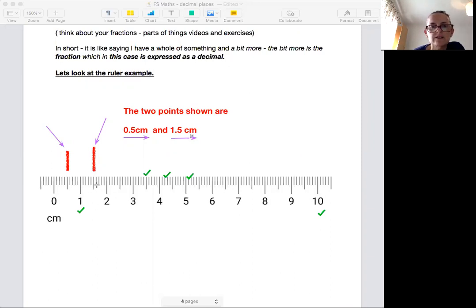And then if we carry on, 6, 7, 8, 9, 10, that would make it 2. So we can see that these bits are between 1 and 10. Okay, so we know that these numbers in between 1 and 2, or 2 and 3, and 3 and 4, etc., are fractional numbers that are expressed as a decimal.